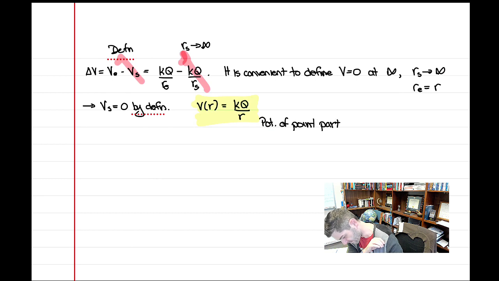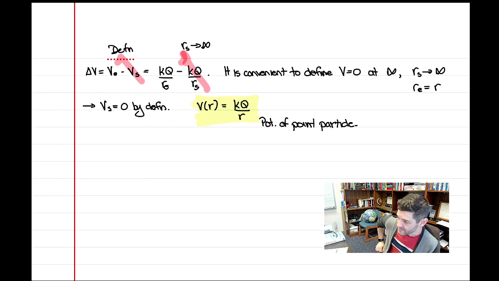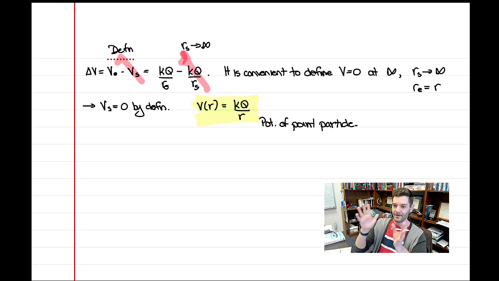Though again, maybe this is just me being a stickler. When you see a book, no disrespect to the authors of this textbook, but it's very sloppy. When they say the potential of a point particle is this formula, I would say no. The potential of a point particle is this formula under the assumption that the reference point is at infinity.